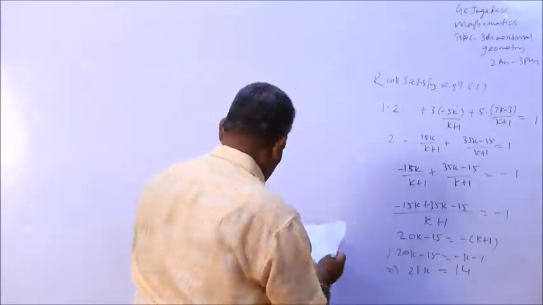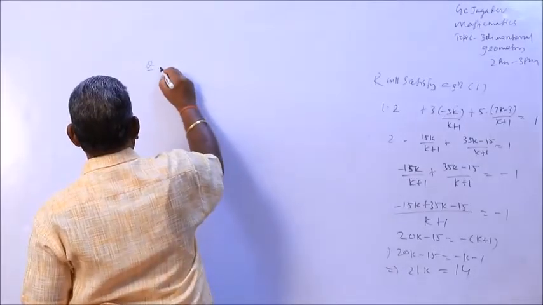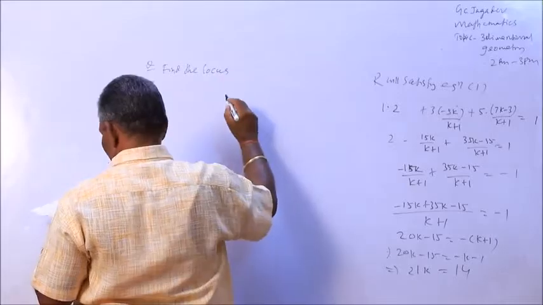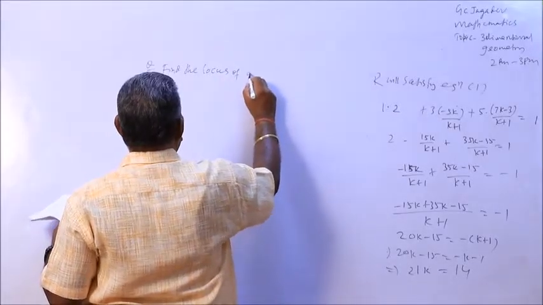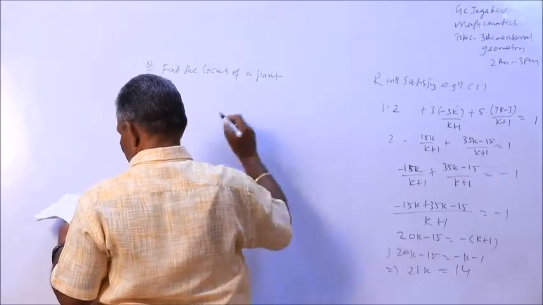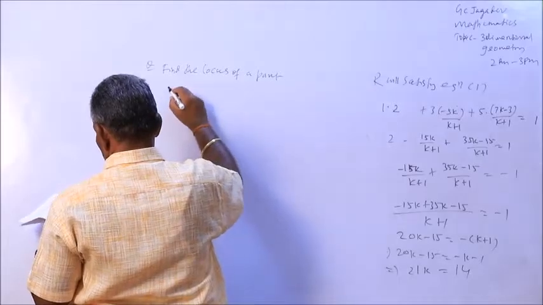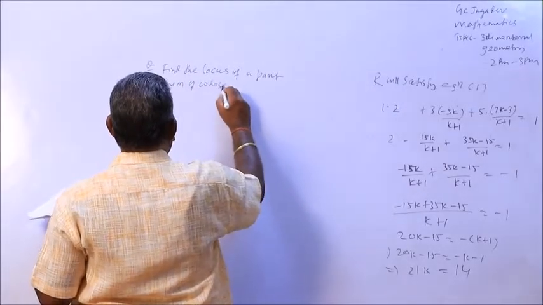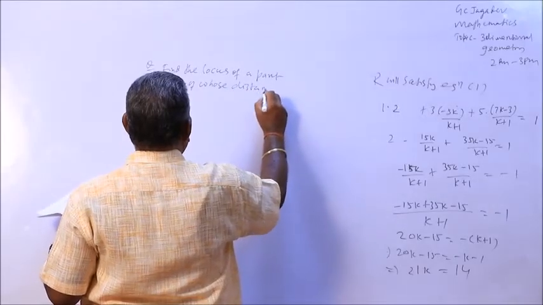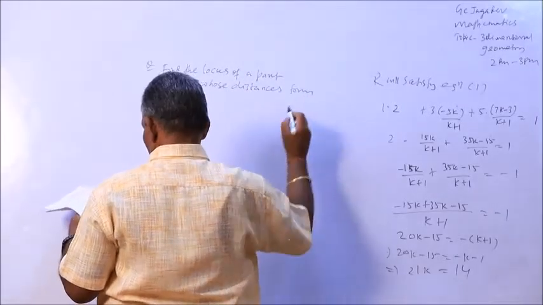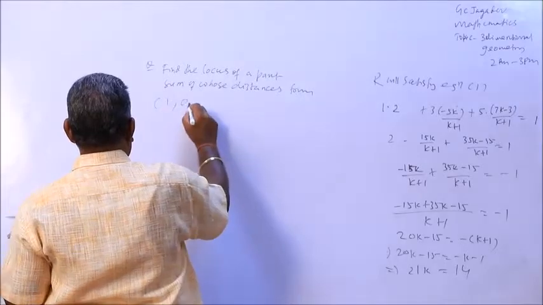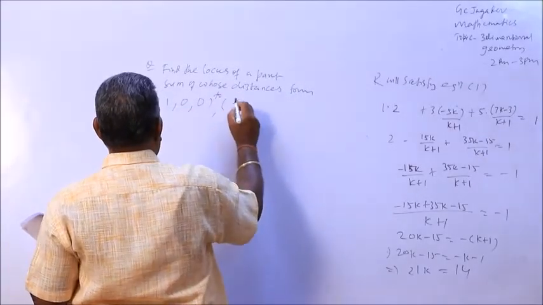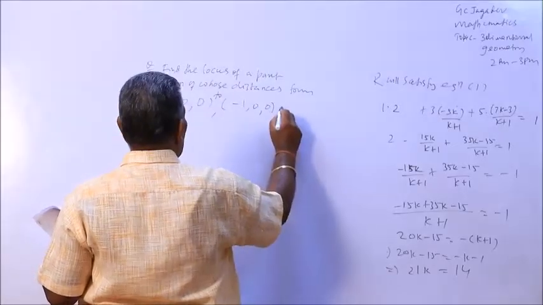Another problem like this: find the locus of a point the sum of whose distances from 1 0 0 and minus 1 0 0 is 10.